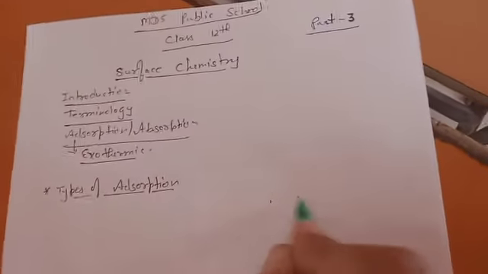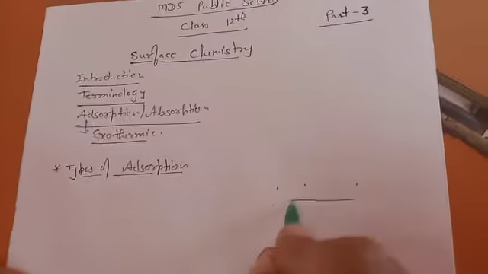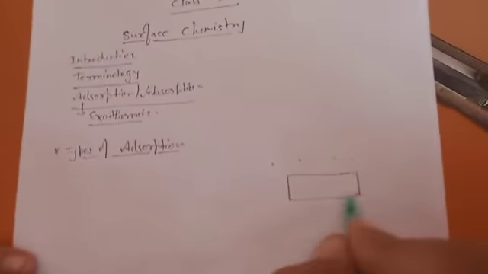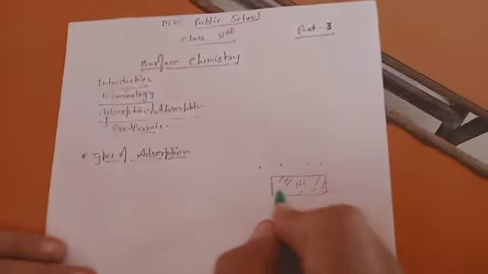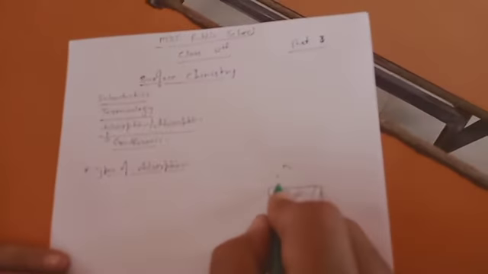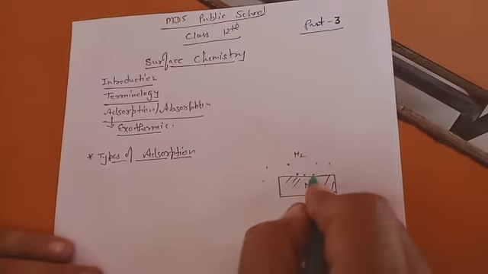Okay, you know that gases adsorb on the surface of a substance. If you take nickel as a substance and hydrogen gas, then the gas will start attracting and attaching to the surface.